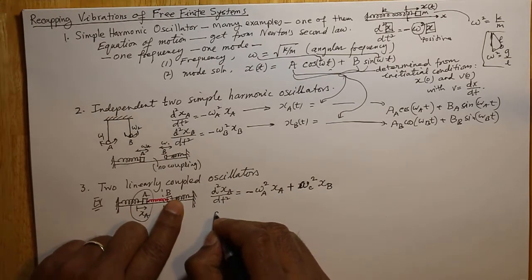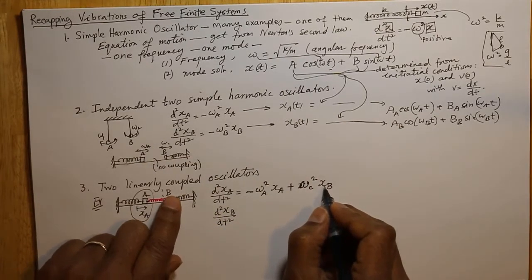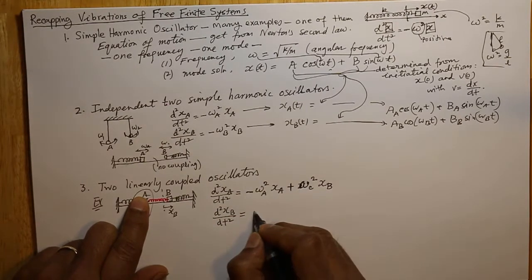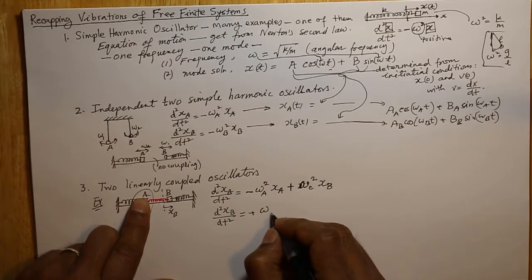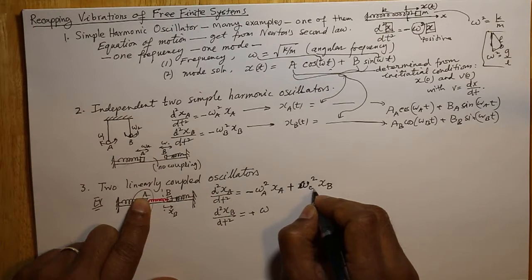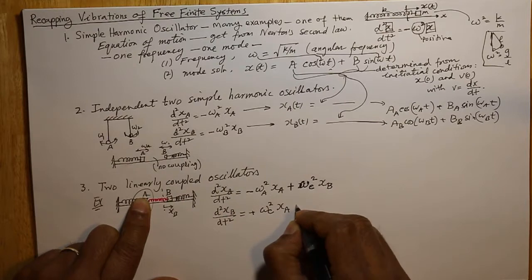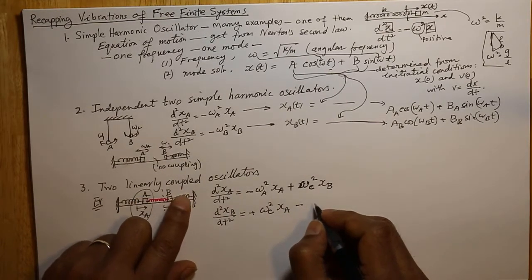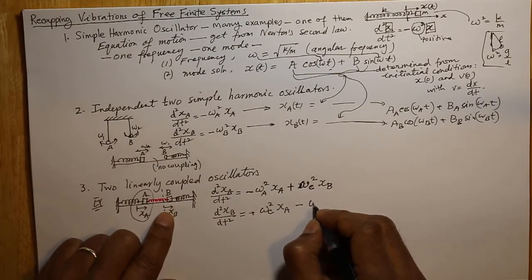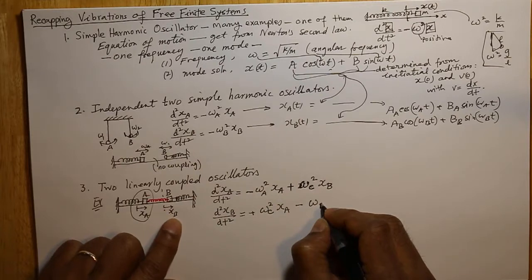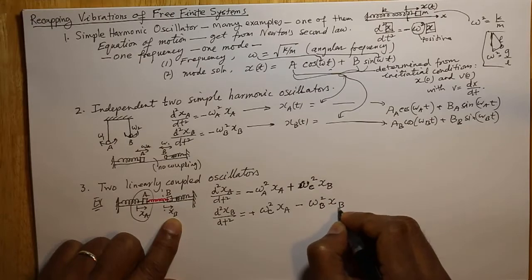And if you look at the other one, because this comes from the force of B on A, I'm going to get exactly the same thing from A on B. So let's call it omega C, and so omega C squared XA, and this may have its own spring constant, so its separate frequency will be different, say omega B squared XB.